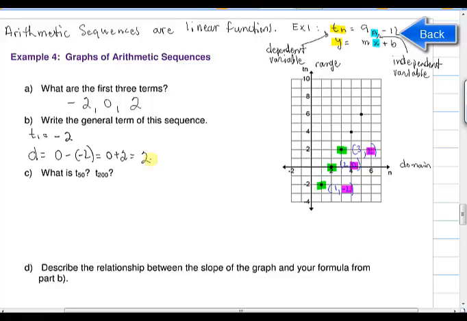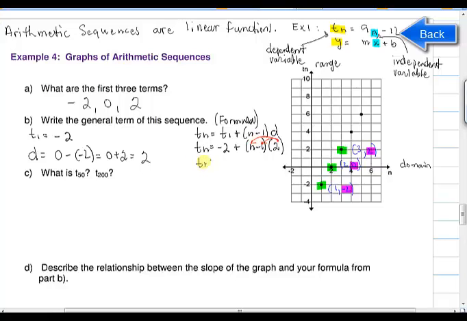We have enough information to come up with our general term now. Just recall, when they ask for the general term, they're asking for the formula, which means you want to start with t subscript n equals T1 plus n minus 1 times D. So t subscript n equals -2 for T1, plus n minus 1 times 2 for D. We want to simplify as much as we can, so we want to expand.